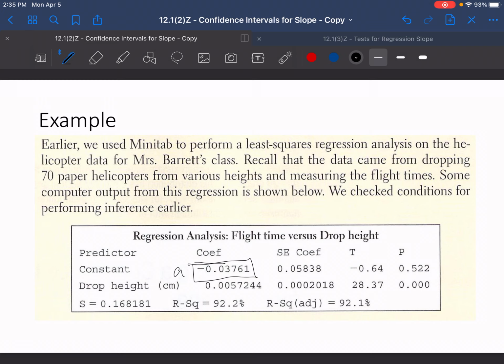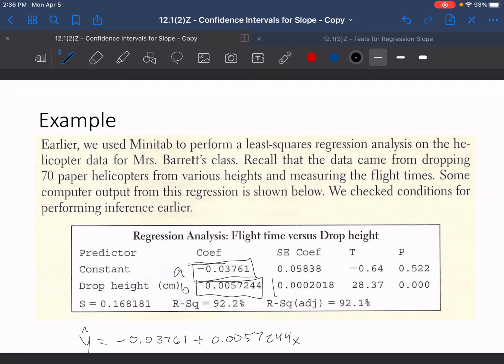So if we are given Minitab and asked to construct a regression line, it would be y hat equals negative 0.03761 plus the second value, which represents your slope, so plus 0.0057244x. That's essentially your regression line based off of this sample. So this represents B right here.